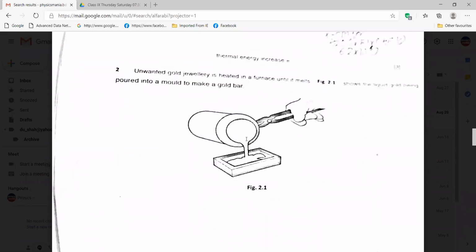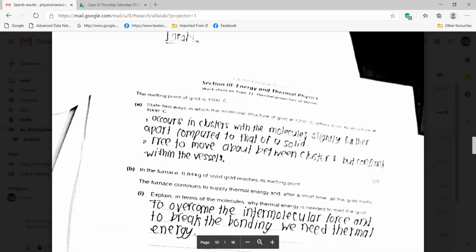Now we have here: state which molecular structure of gold at 1200 degrees Celsius differs from the structure at 1000 degrees Celsius. So they are actually asking you about the difference of solid and liquid, right?